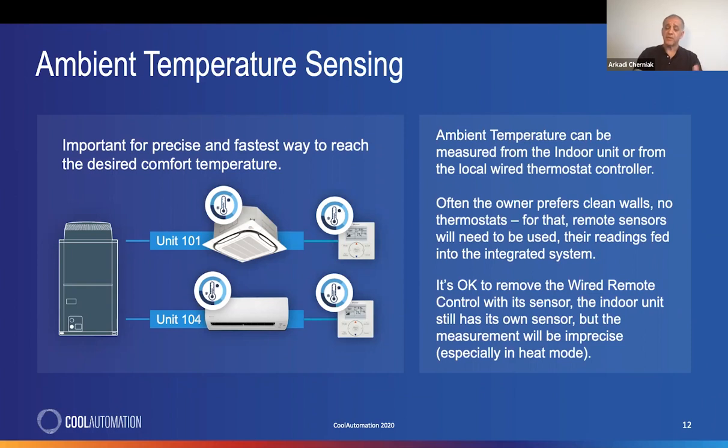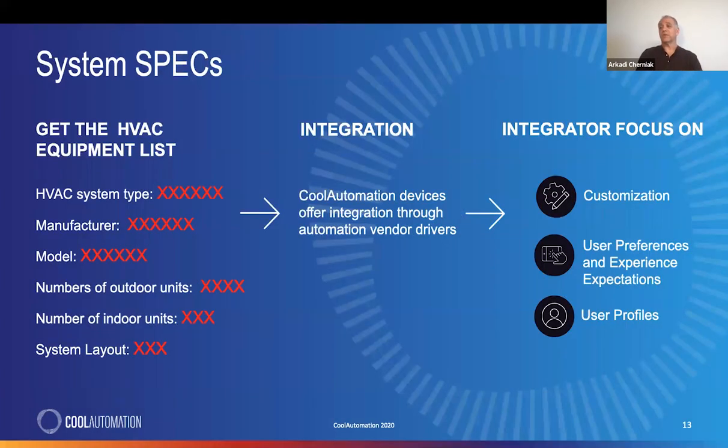And that is basically how it goes. You focus on what is important to reach the final result and satisfy the customer. You get the HVAC equipment list in order to know what kind of system it is and how the layout looks, and so on, as we mentioned earlier.